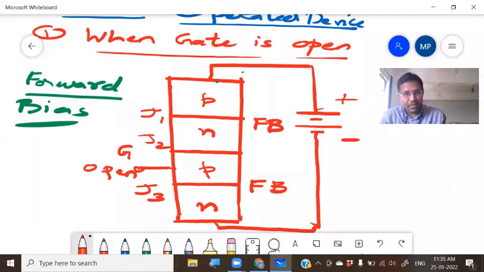Now with respect to J2, what is happening? At J2, the positive signal is coming to the N side, and the negative signal is coming on the P side. So J2 will be reverse biased. Junction J2 will be reverse biased. So I will represent a reverse bias, I will shade this region.